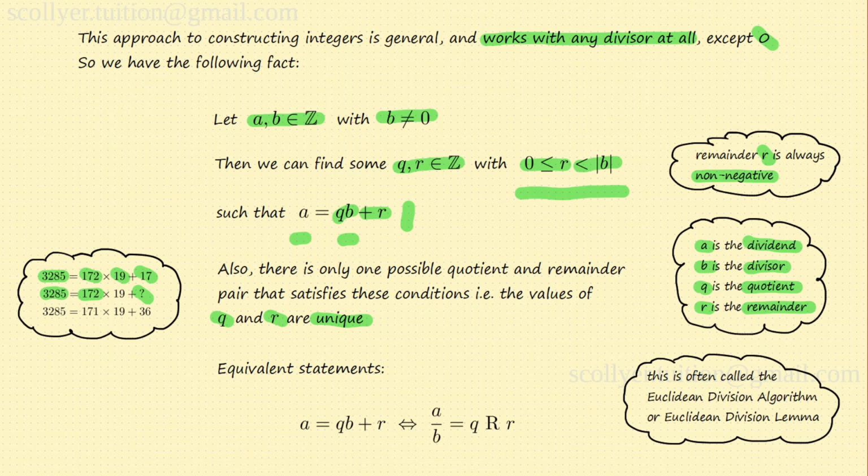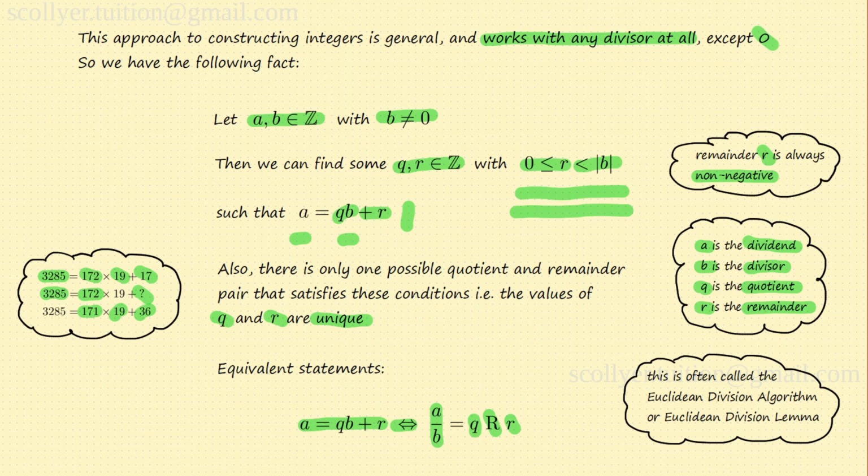On the other hand, we can choose q to be 171, but then the remainder r is not less than 19, so it does not satisfy this condition. And as mentioned before, if we say a equals q times b plus r, that's equivalent to saying that a divided by b equals q remainder r.